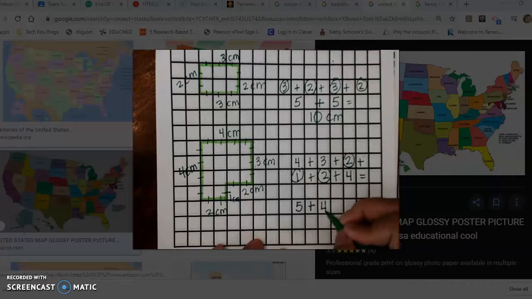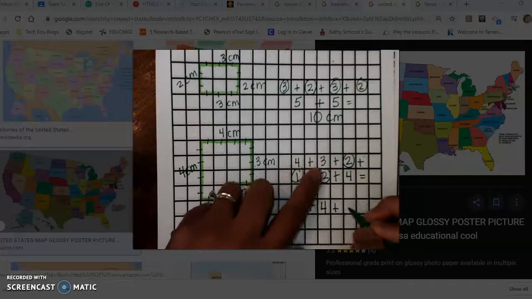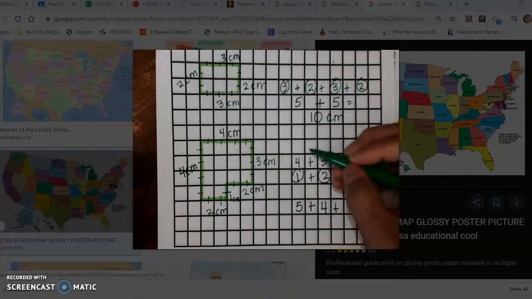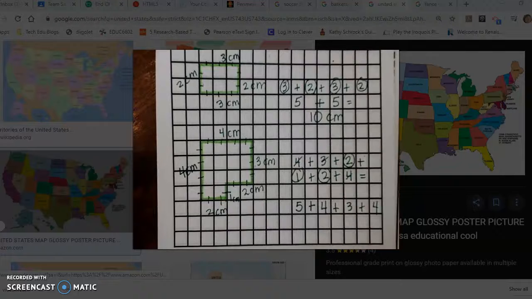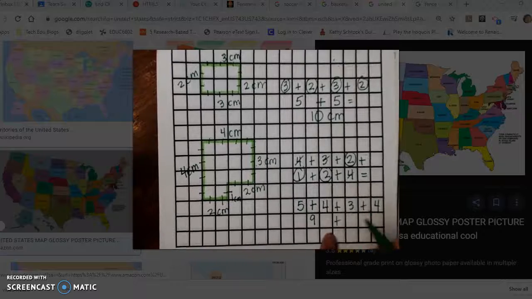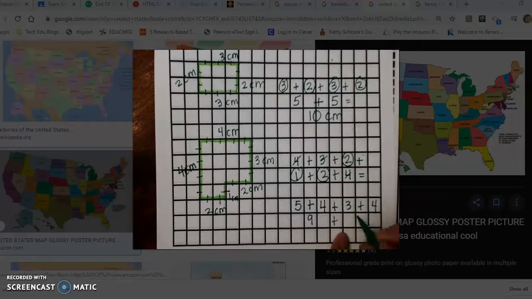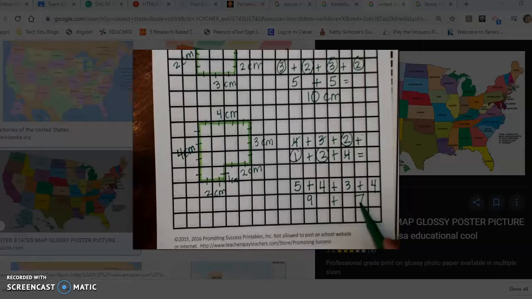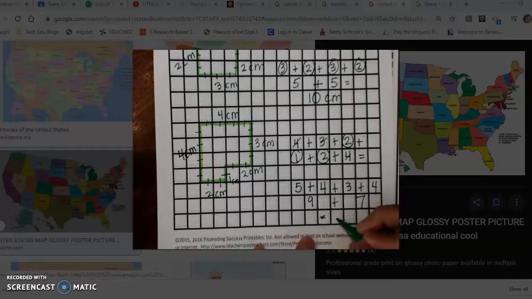So 4 plus 3 plus 4. So now I can add all of that up. Well, I know 5 plus 4 is 9, and I know 3 plus 4 equals 7. So now all I have to do is add 9 plus 7, and that equals 16.